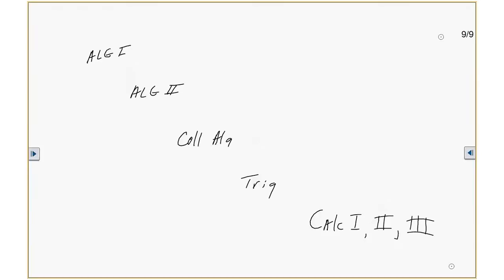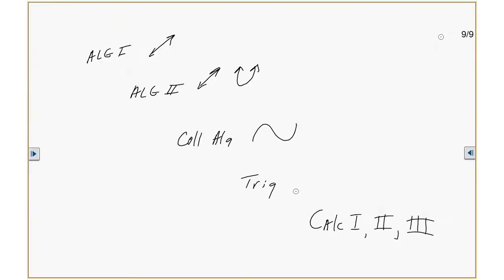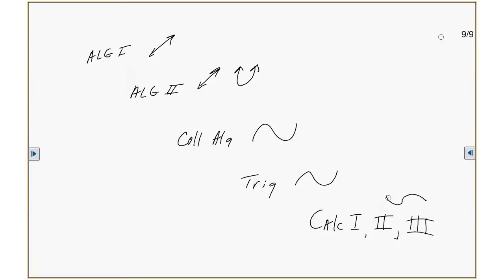Okay? Algebra 1, straight lines. Algebra 2, straight lines and non-straight lines. And then here, and then here, and then here, particle in space. And we want to figure out how fast that particle in space is going.